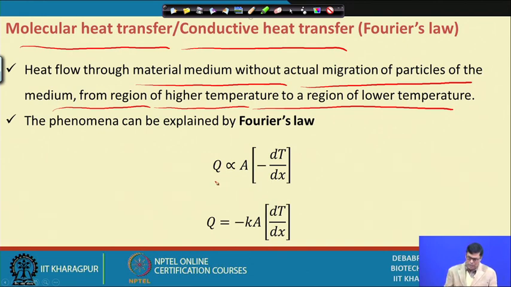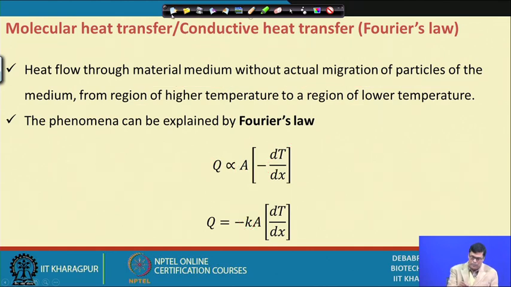This is how it takes place: Q equal to k A dT by dx. Am I right? Now dT is the temperature difference, dx is the thickness of that particular media, and A is the area that we have. k is the proportionality constant.